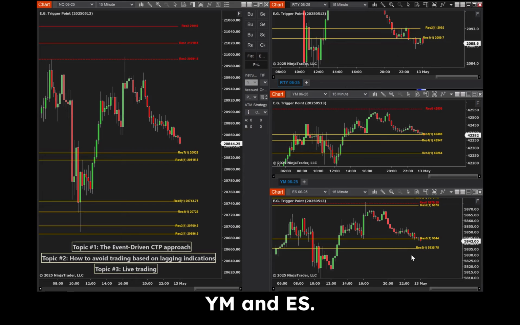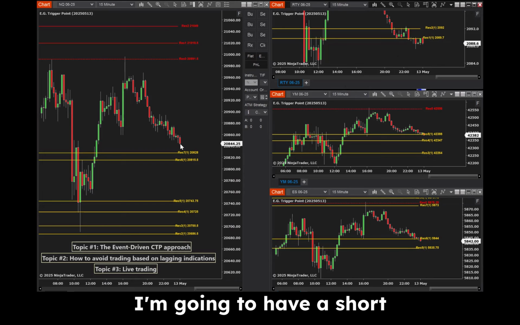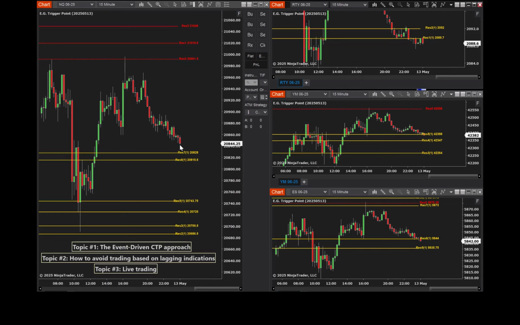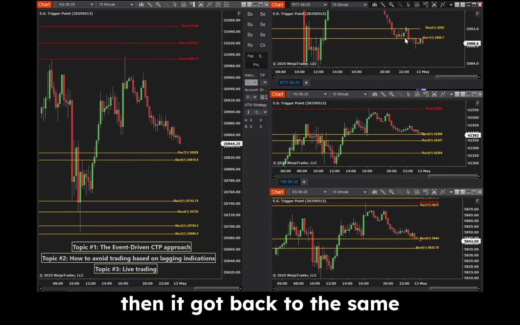YM, and ES. Now, I identify in this case that I'm going to have a short opportunity, and I took a short trade here, and I'll explain why. Okay, we can see that RTY bounced off support, then it went up, then it got back to the same support, and it broke.